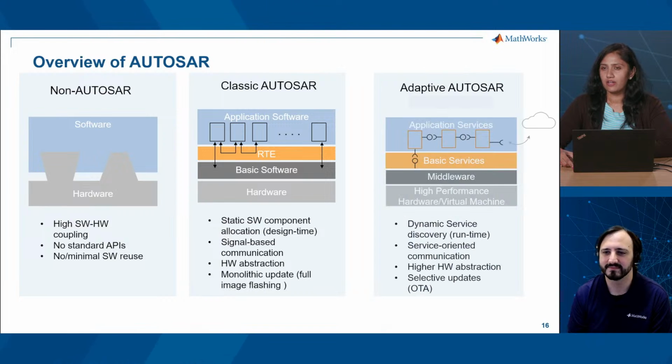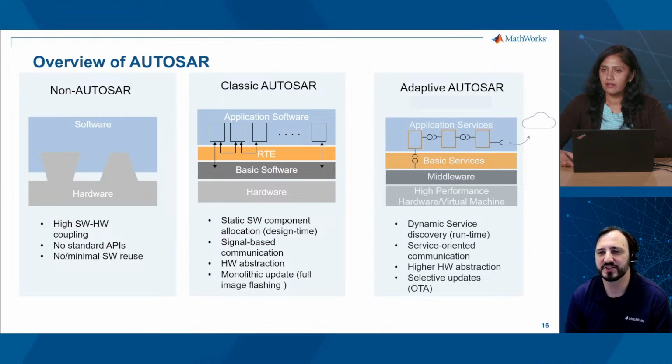Then AUTOSAR.org also introduced another architecture called AUTOSAR Adaptive, which is very similar to Classic, but here the applications are considered as services on their own, mainly used for autonomous driving, vehicle-to-vehicle type applications.